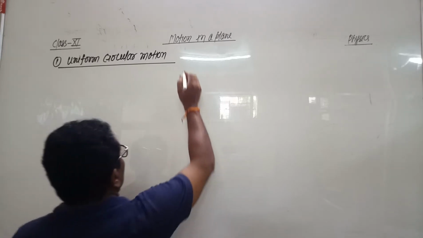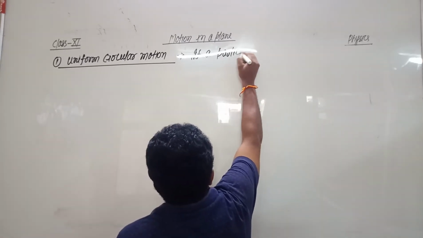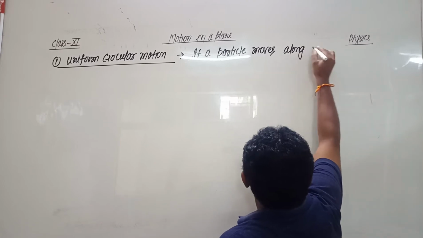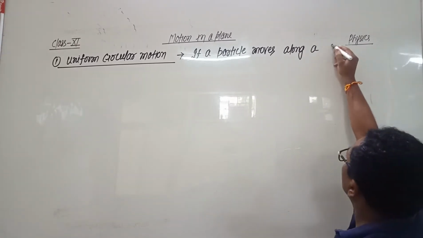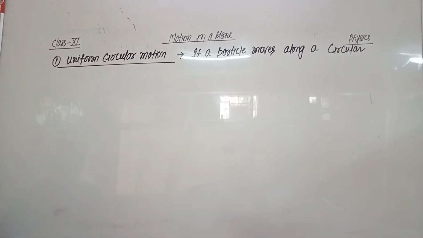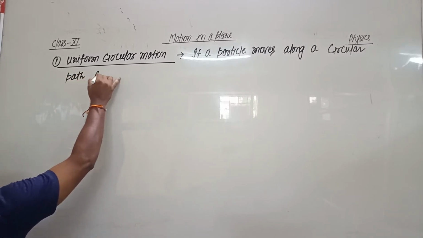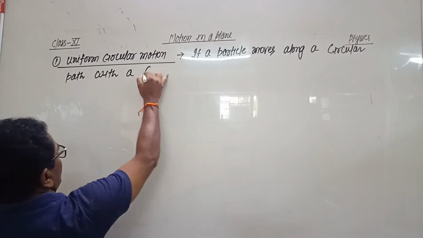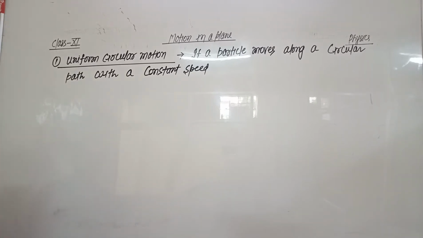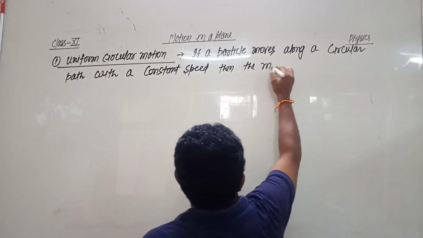If a particle moves along a circular path with a uniform speed, with a constant speed, then the motion is called uniform circular motion.